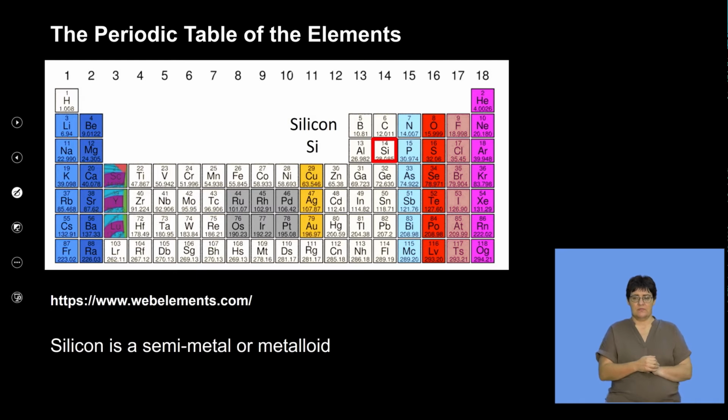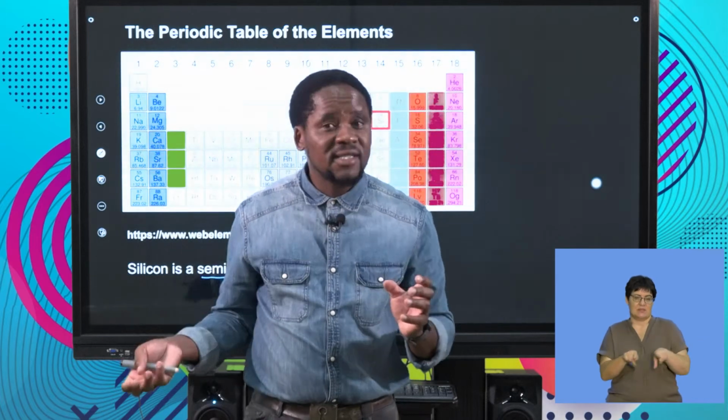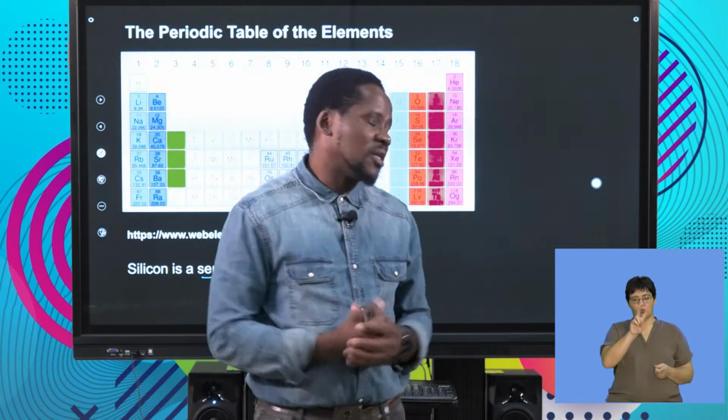In terms of classification, all metals will be more to the left of the periodic table, while to the right, we've got non-metals, while in between, there's a collection of a few semi-metals or metalloids. The term semi-metal suggests that the material has a combination of metallic and non-metallic properties. The words semi-metal and metalloid are used interchangeably to refer to the same thing. So metalloids are semi-metals, semi-metals are metalloids. The two terms refer to one and the same thing, right?